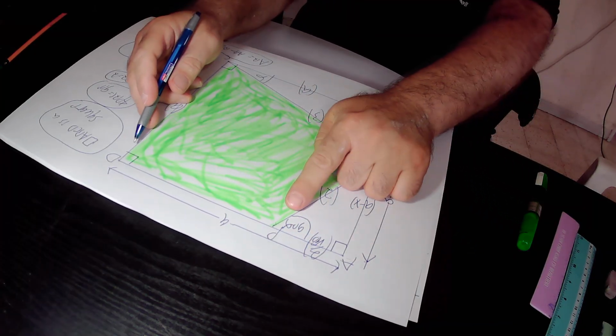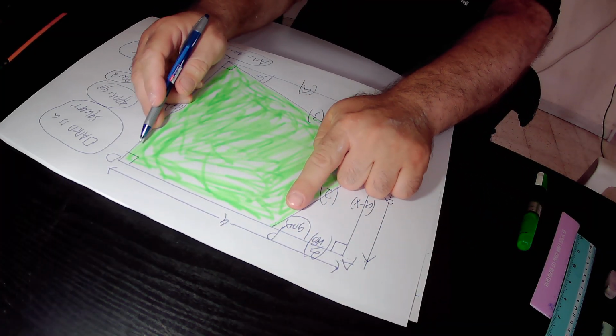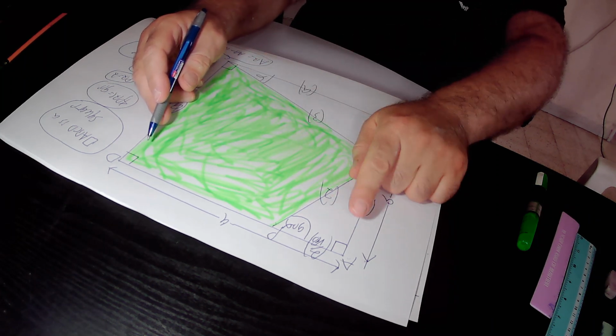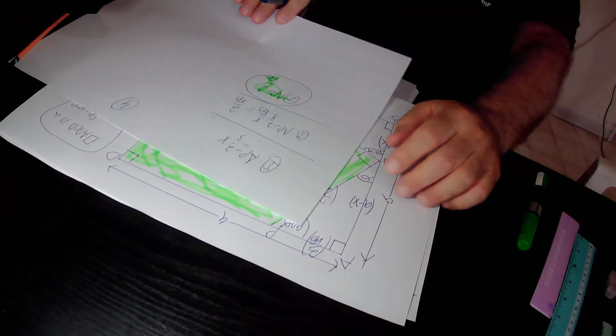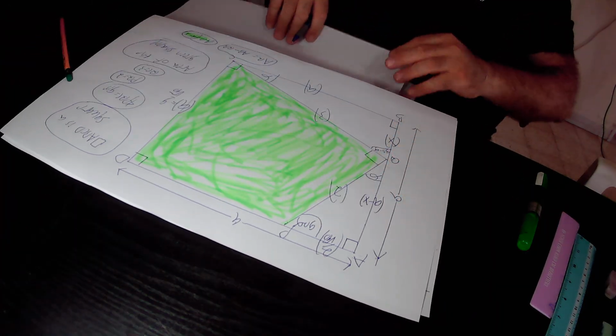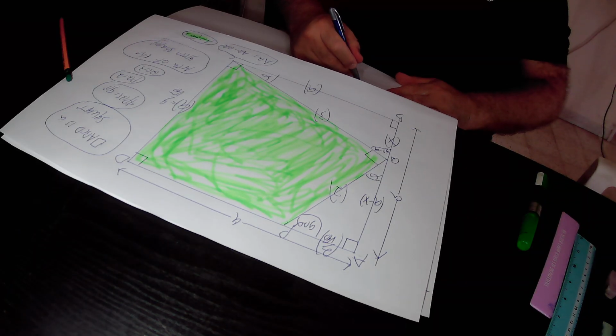What is the length of PD? From the drawing, it is very easy to see that PD equals AD minus AP. So I write it down. PD equals AD minus AP.